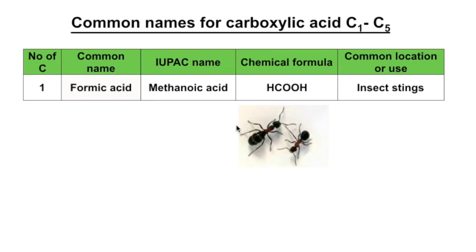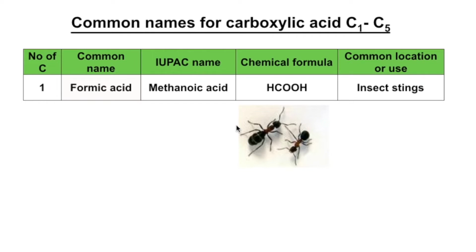So for this part of the topic in carboxylic acid, we will see how some carboxylic acids can be addressed with common names. For carboxylic acid with one carbon, according to IUPAC, it is called methanoic acid. But this methanoic acid can also be referred to as formic acid, where formic acid is the common name for methanoic acid.